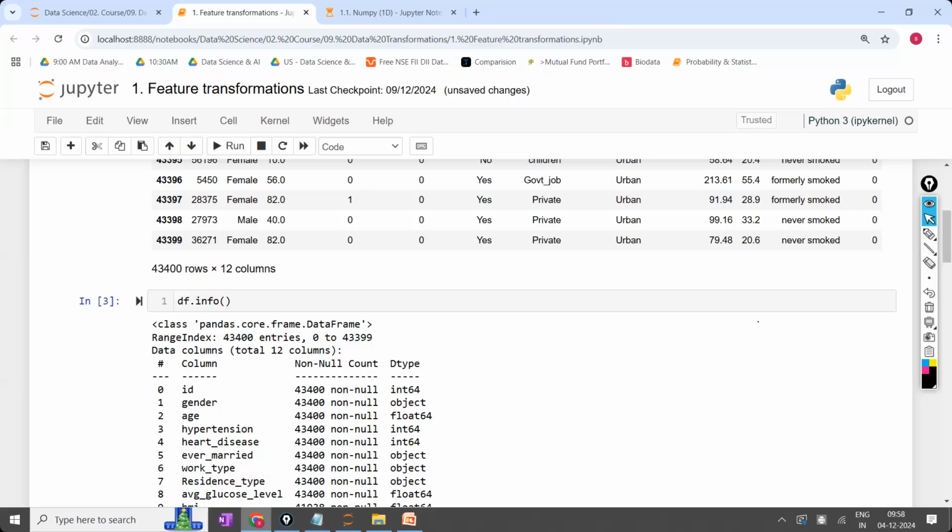When I am explaining the plot, whether it is in Python, Tableau, or Power BI, the concept will remain the same. Only the syntax changes. In Python, you have to write the code. In Power BI, you have to do it in a different way, and in Tableau also in a different way.